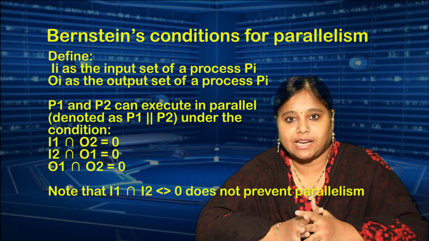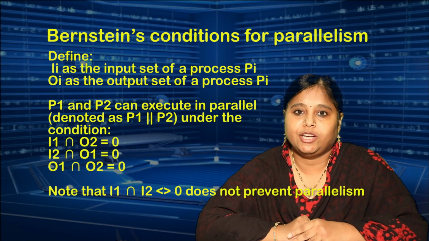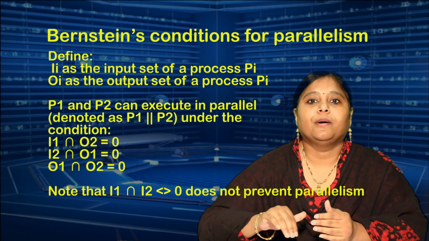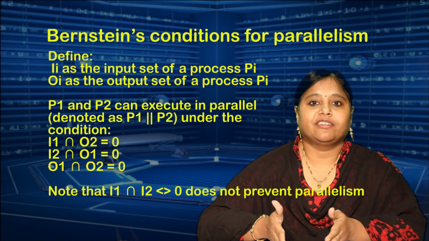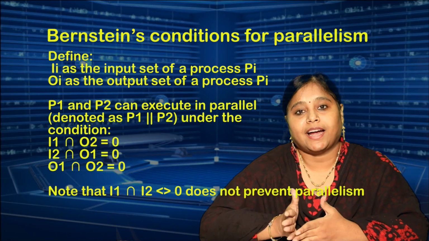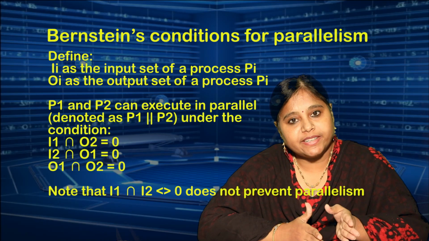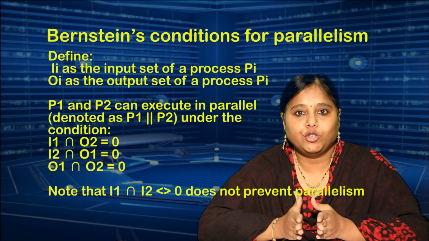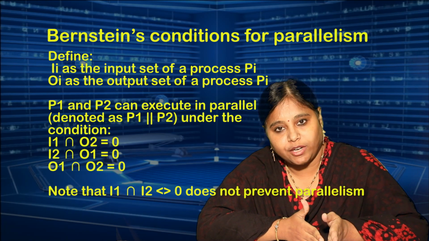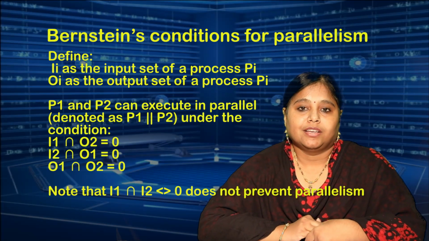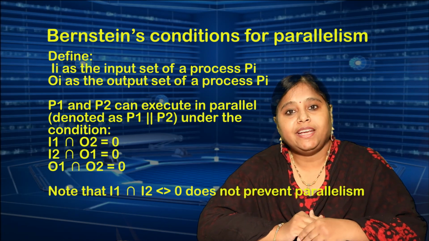In these processors, each processor has an input set and an output set. Input sets are denoted I1 to In and output sets are denoted O1 to On. Bernstein identified three conditions.